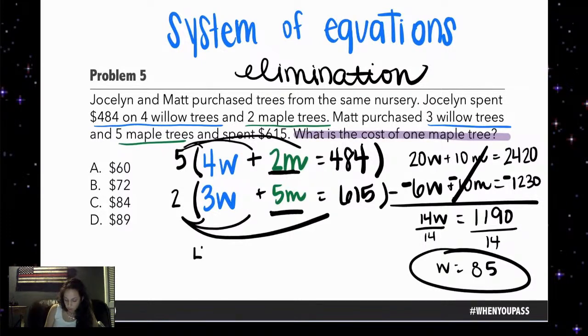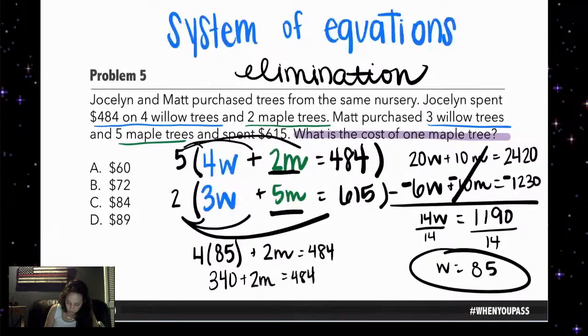So 4 times 85 plus 2m equals 484. 4 times 85 equals 340 plus 2m equals 484. Subtract 340 from both sides.